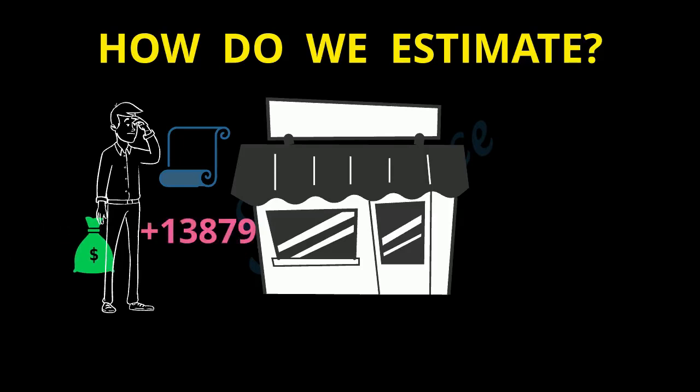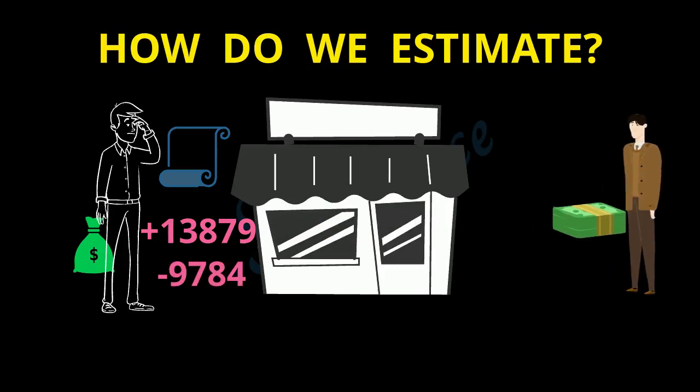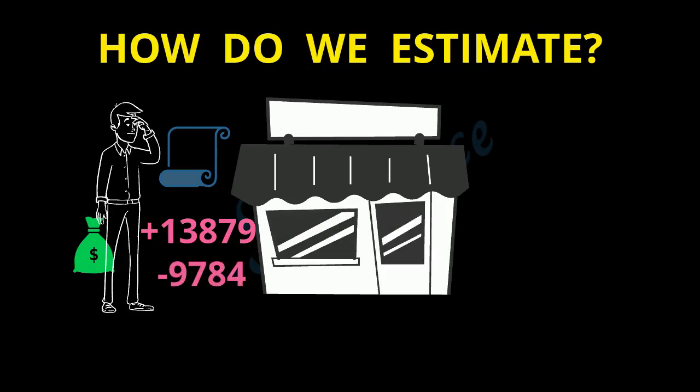So that person has given 13,879 rupees to the shopkeeper. And in the second transaction, the shopkeeper has given 9,784 rupees to someone else. So that transaction is shown in minus. The shopkeeper has given it to someone, but the shopkeeper is not good at mathematics.